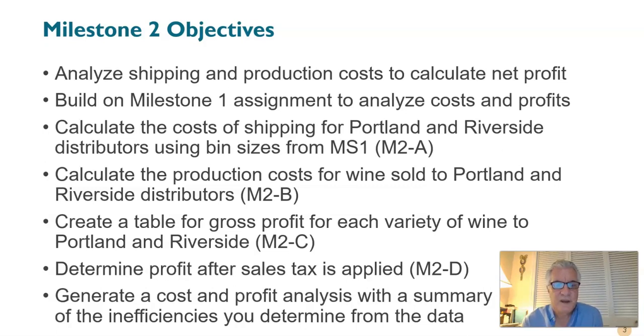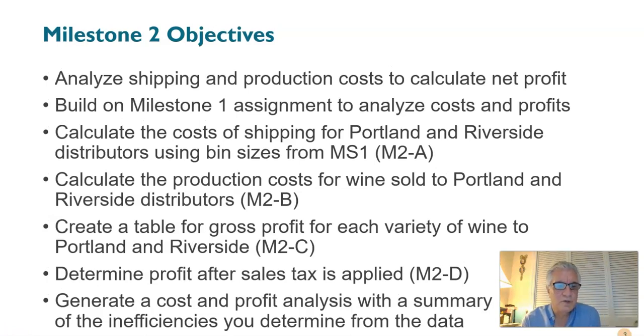Then you'll create a table for gross profit for each variety of wine to these two distributors. So you'll take the production costs and shipping costs and subtract them from the gross revenue to get a gross profit. As I said, it's not net profit yet until you subtract off the company's overhead expenses.